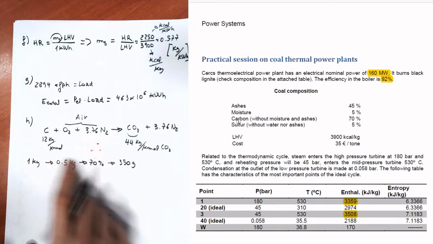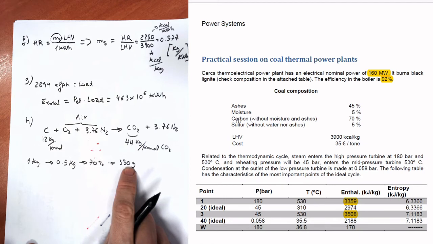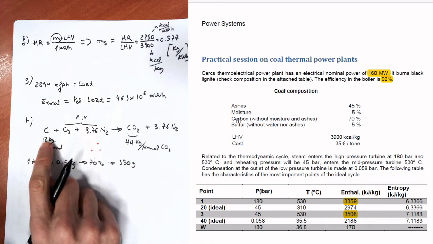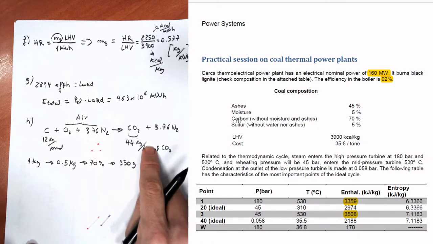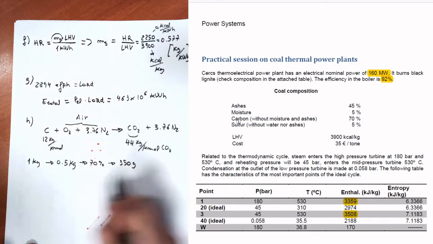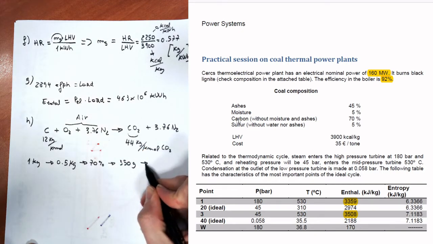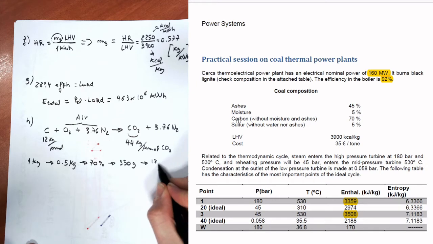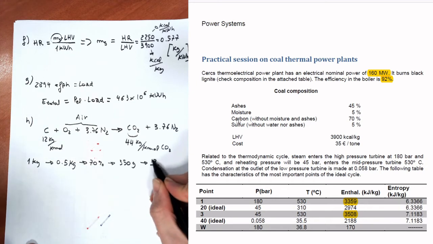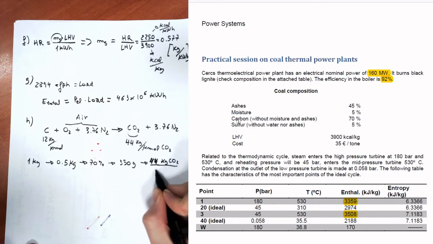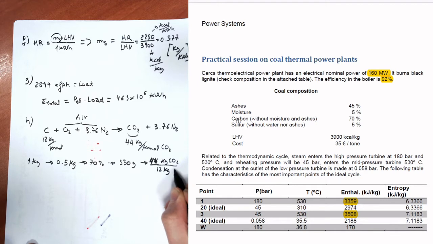And for this one, each 12 kilos of carbon will produce 44 kilos. So now we need to multiply by 44 divided by 12. We get 44 kilos of CO2 per each 12 kilos of carbon.